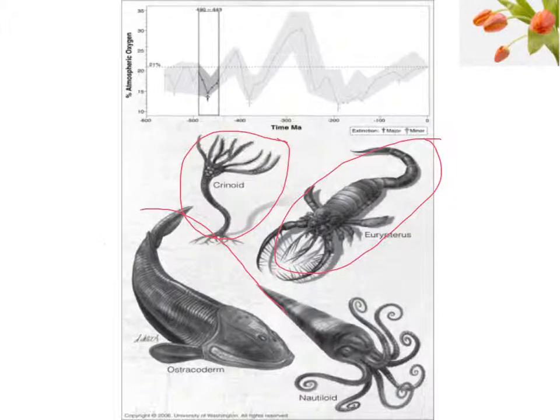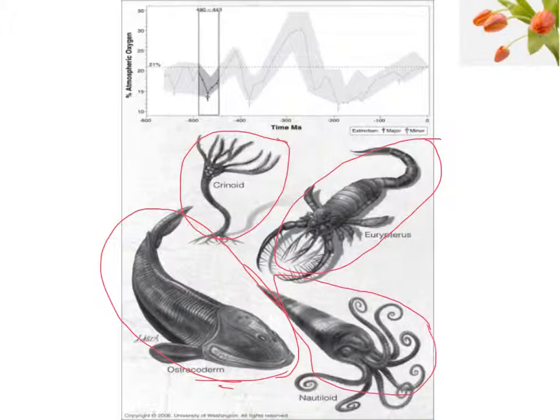Here's our jawless fish that eventually looks like a relative of Tiktaalik, which will lead to amphibians. And then we have this guy here, which is more like what we would call today our cephalopods, our octopi and squids. And we can see in this time period right here, we have the little cross where this mass extinction occurred and ended this time period.